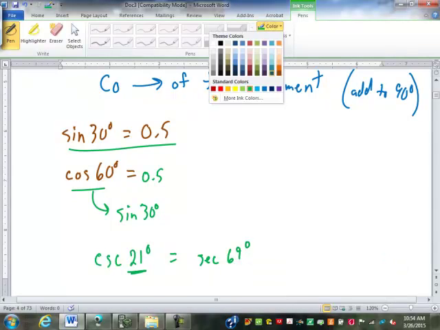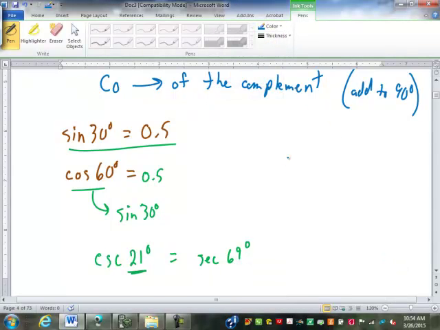So, punch in your calculator. What is the sine of 53 degrees? 0.7986.